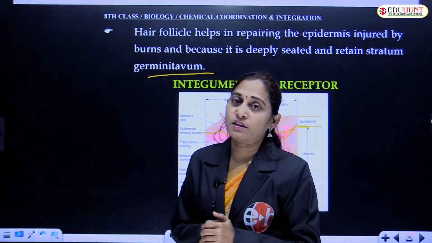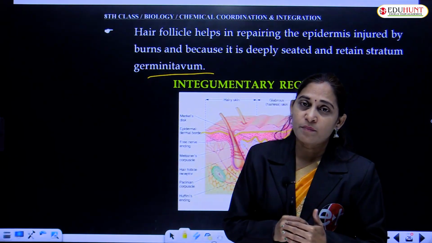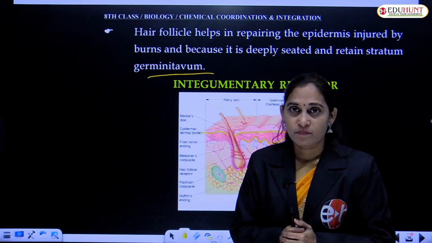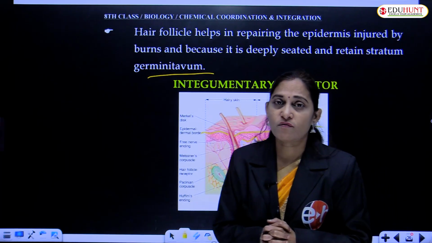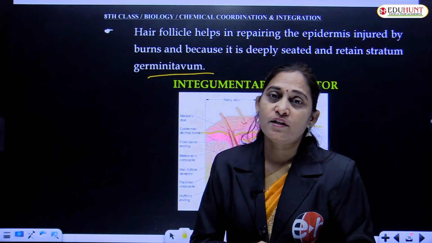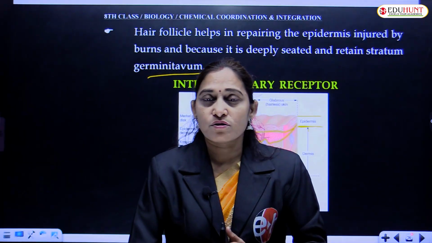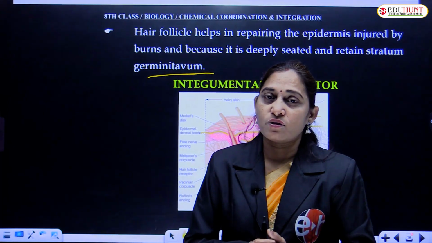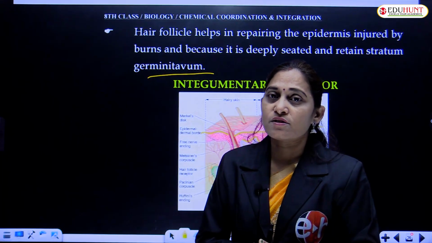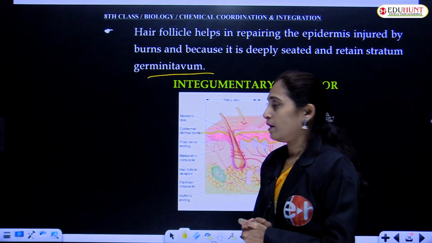These two cause the hair to turn grey. And next is hair loss, because of reduction in the blood supply to the hair. So these are the 2 conditions related to the hair.